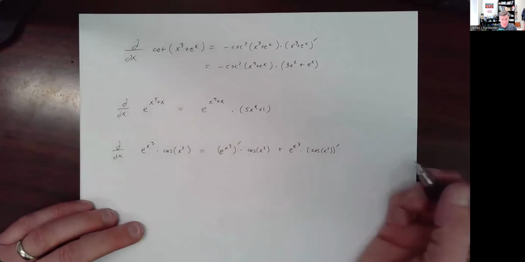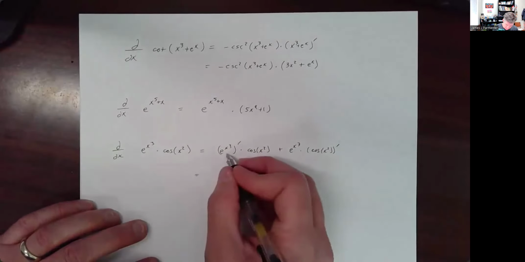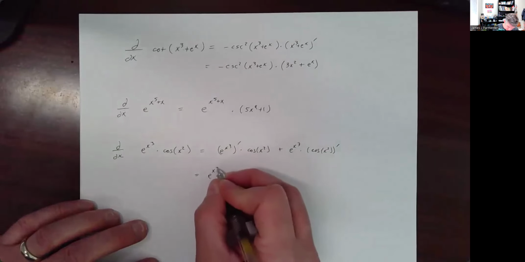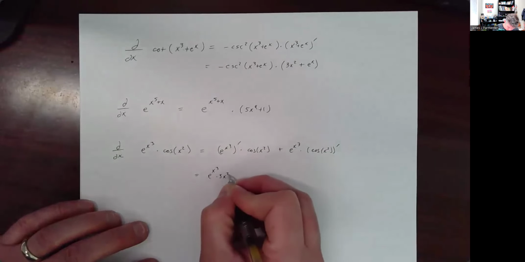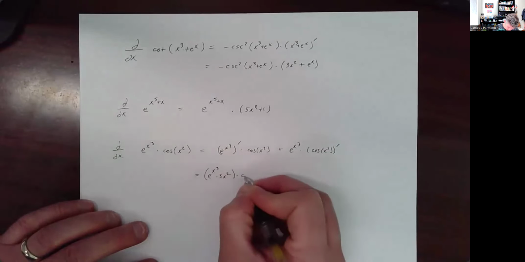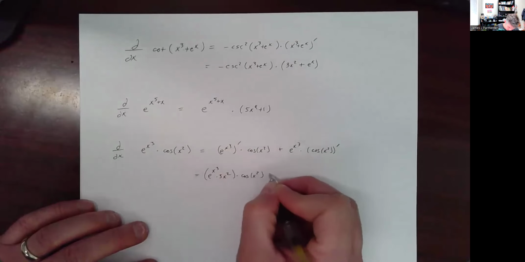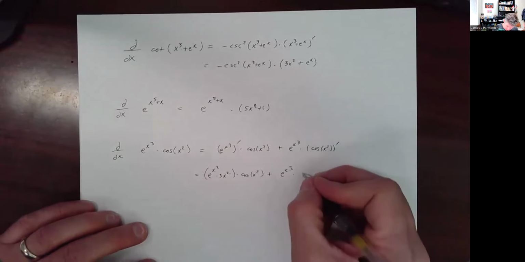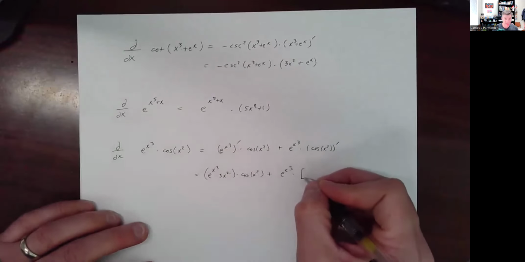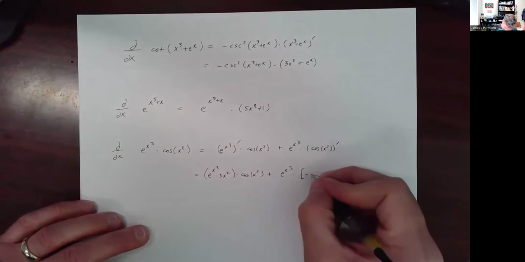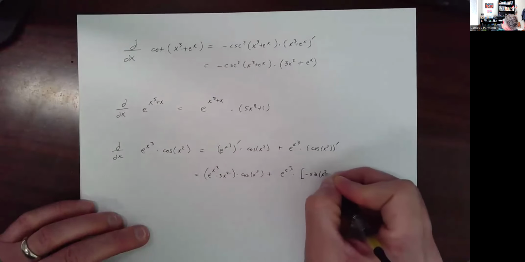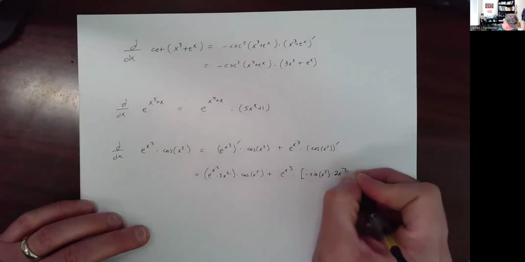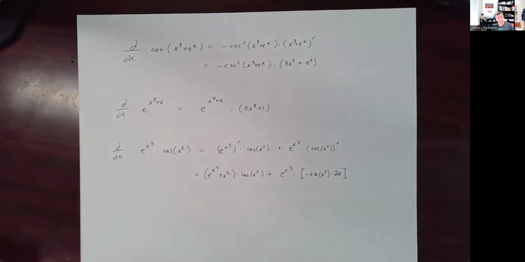You could skip this step and say the derivative of e to the x cubed is e to the x cubed times the derivative of x cubed, times cosine of x squared, plus the e to the x cubed alone times the derivative of cosine of x squared. I wasn't smart, I didn't look ahead, it's negative sine of x squared times the derivative of x squared, which is 2x. Lots of things.